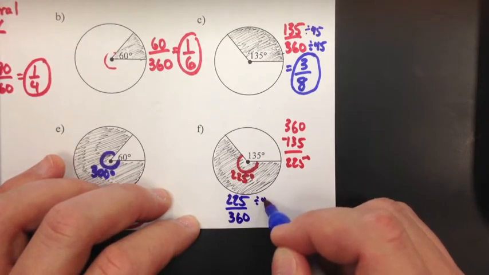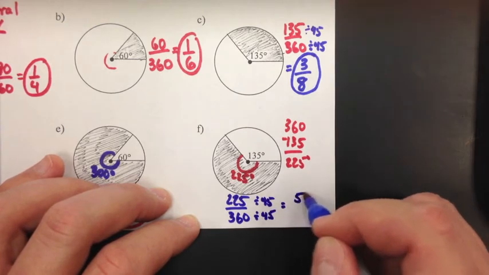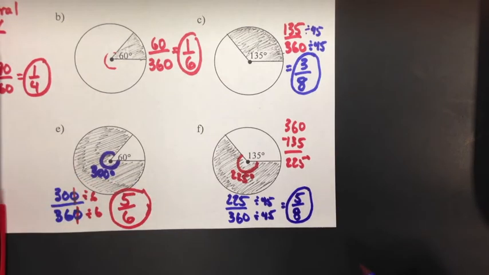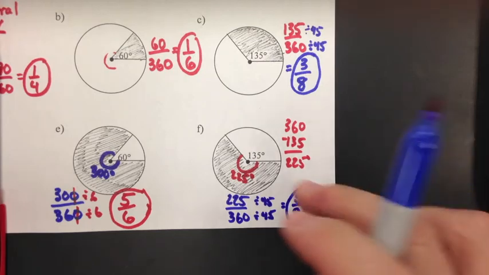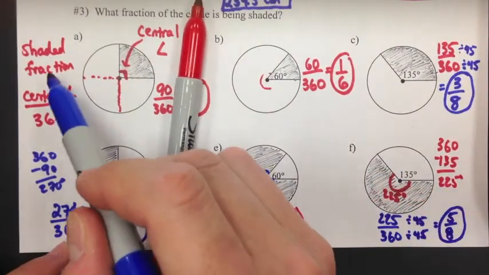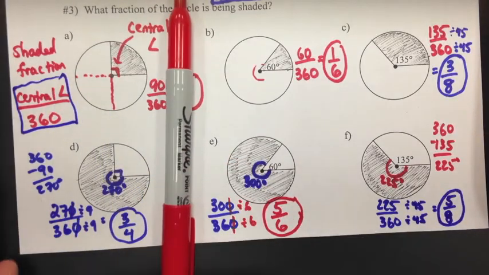I'm going to divide each of those by 45, and what we get is 5/8. So 5/8 of the circle is being shaded. Okay, so all you do is, you want to find the shaded section, take the central angle, divide by 360 degrees. And that's the end of part 1, so go ahead and move on to part 2.